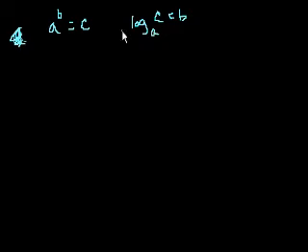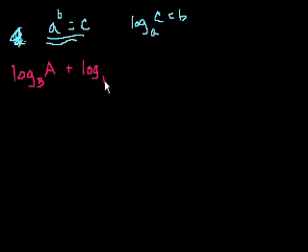Now I will introduce you to some interesting logarithm properties, and they actually just fall out of this relationship and the regular exponent rules. So the first is that the logarithm, let's say of any base, let's just call the base B. Logarithm base B of A plus logarithm base B of C, and this only works if we have the same base, so that's important to remember.